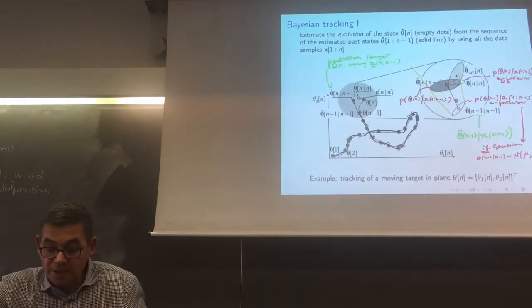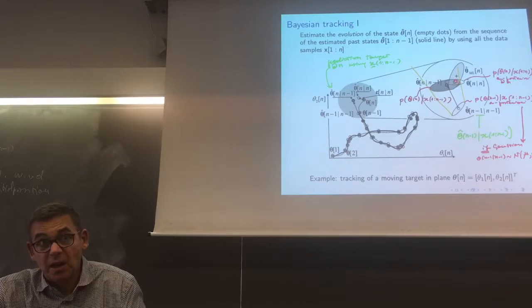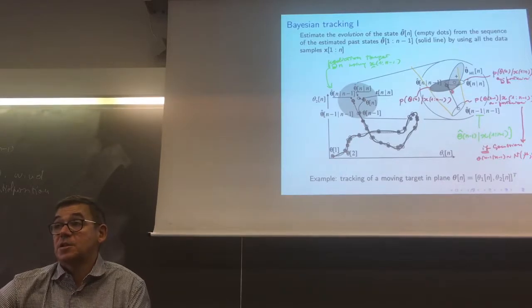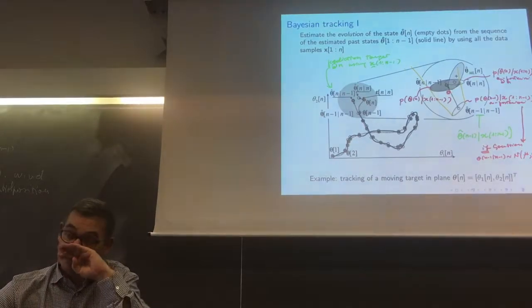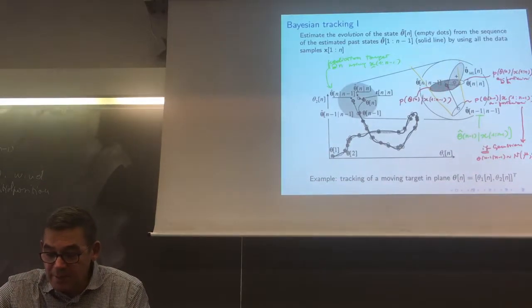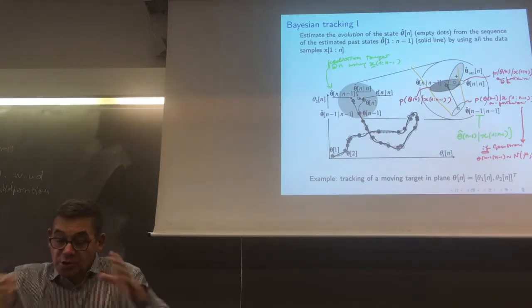When I make a prediction forward, now my covariance is bigger, because I'm summing up the uncertainty of the prediction with the uncertainty of the evolution of the state. When I put together the maximum, the Laplace function, which is not the conditional probability, then I get a shrunk one.